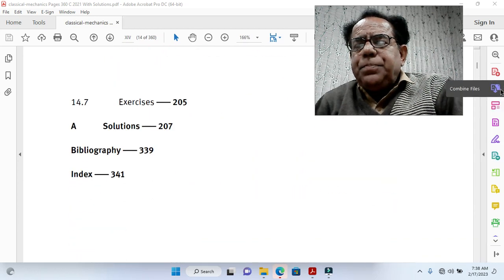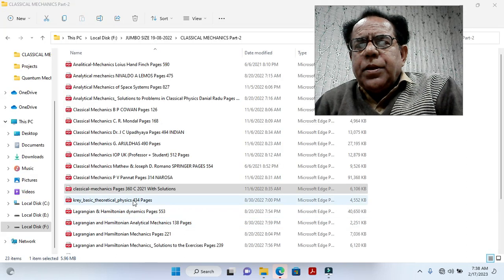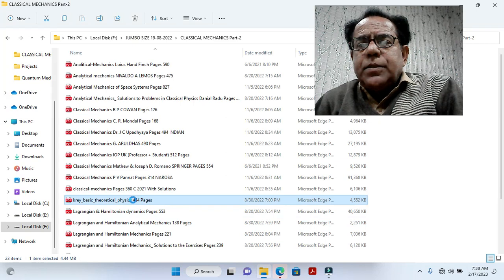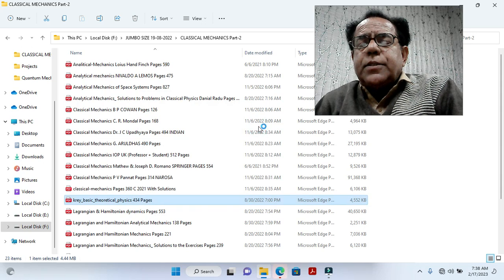The index is given at page number 341. Okay, now let us move to our next book.